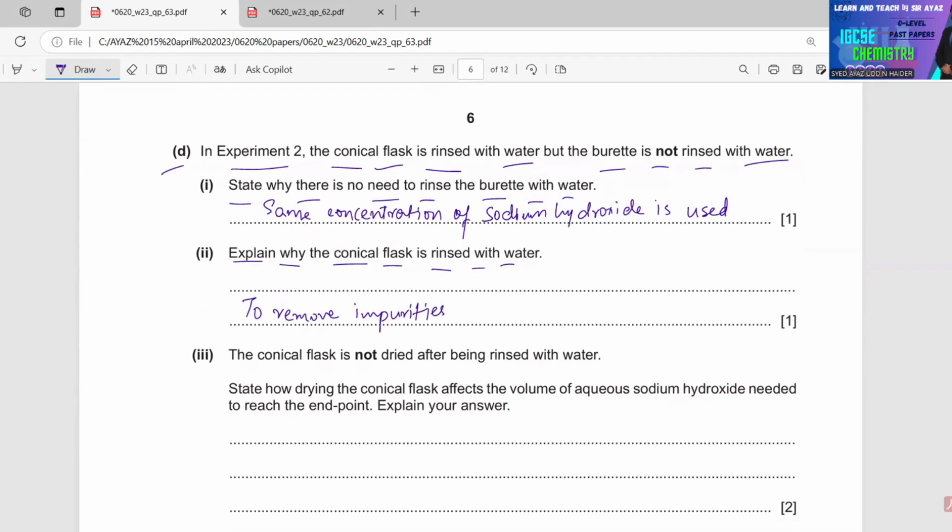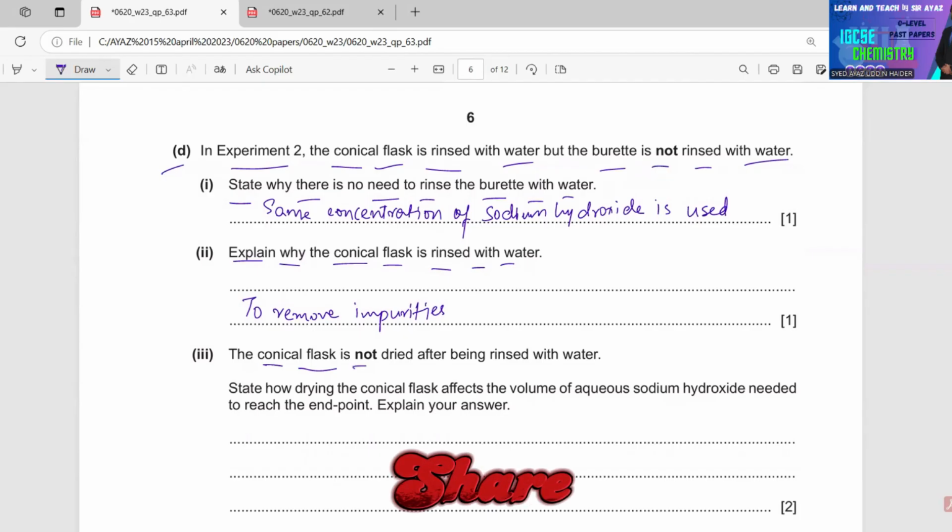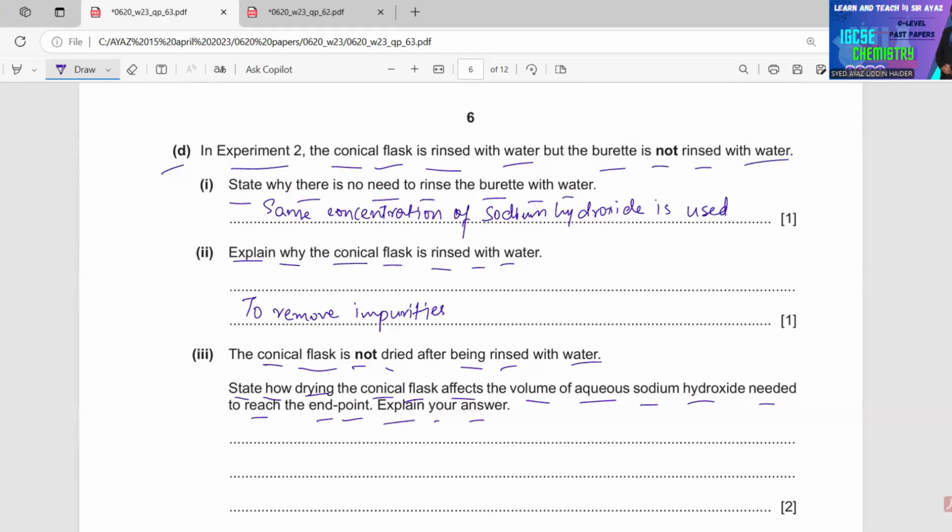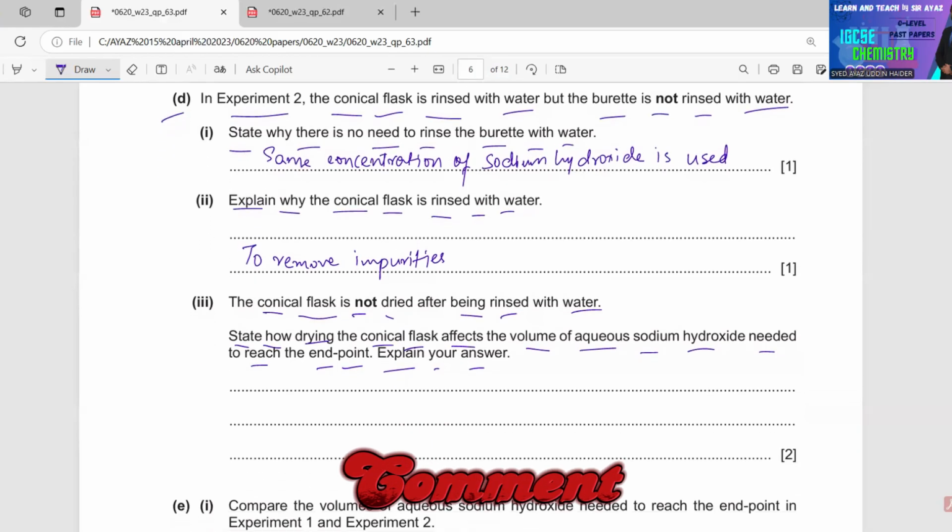Part 3. The conical flask is not dried after being rinsed with water. State how drying the conical flask affects the volume of aqueous sodium hydroxide needed to reach the endpoint. Explain your answer. There will be no change because water does not change the amount of acid used. So you write, there will be no change.